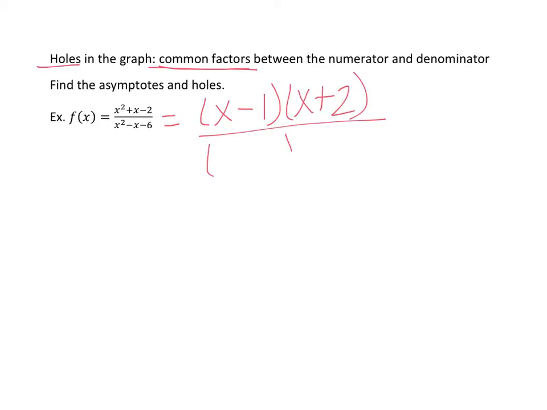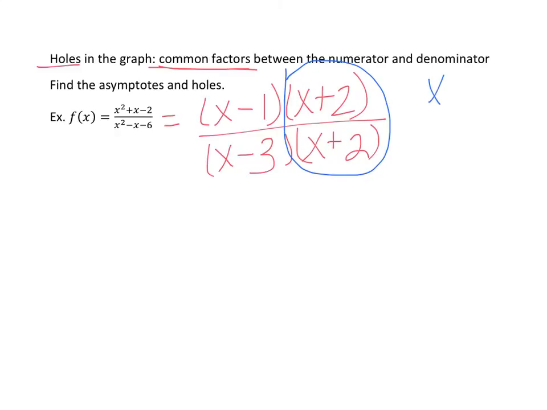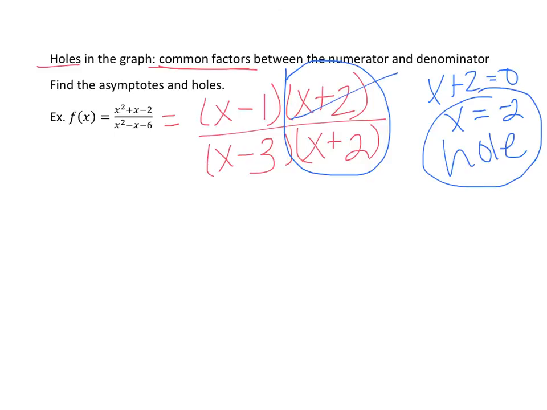On the bottom, let's see, it's got to be x and x multiplies to negative 6, adds to negative 1, negative 3, positive 2. I can see there's going to be a hole right here. x plus 2 equals 0 means x equals negative 2 is a hole. I take those out. Those no longer mean anything.